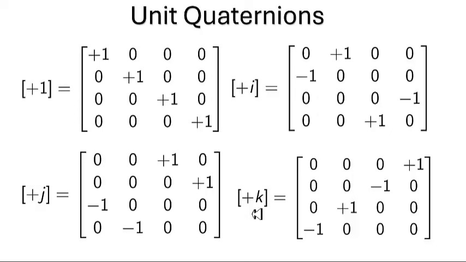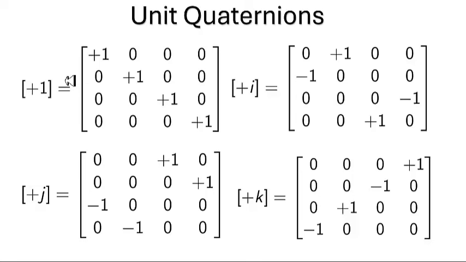In the 4x4 matrix implementation of quaternions, which is the least efficient but most transparent implementation, it's not always the most efficient way of implementing quaternions, but it is the most transparent way of trying to understand what quaternions are.